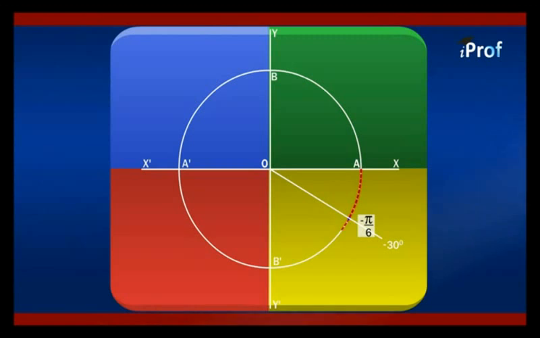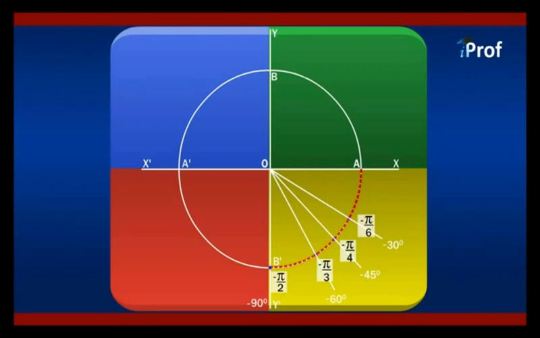Similarly, if it is minus 45 degrees, it will be equal to minus pi by 4. If it is minus 60 degrees, it will be equal to minus pi by 3. At minus 90 degrees, it will be equal to minus pi by 2. At minus 120 degrees, it will be equal to minus 2 pi by 3.